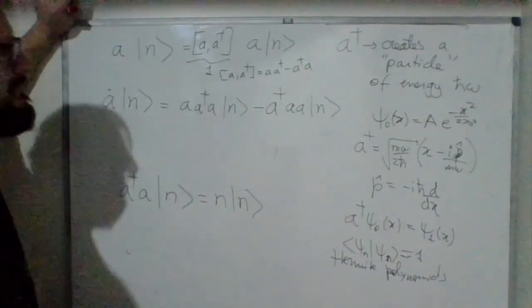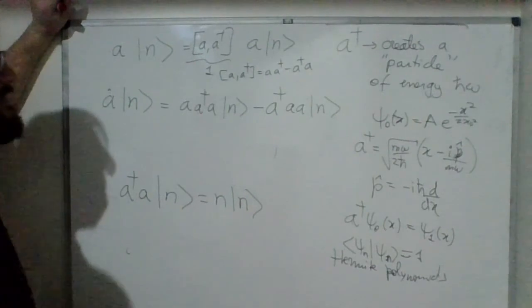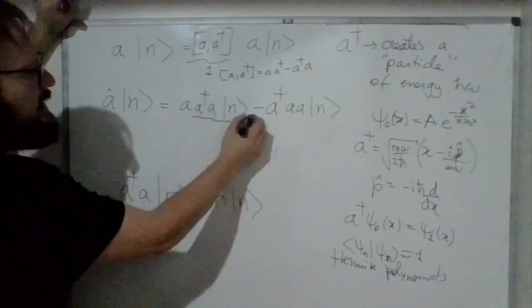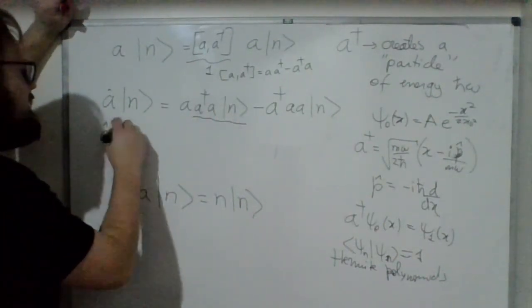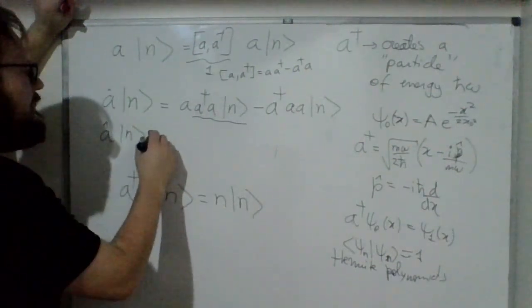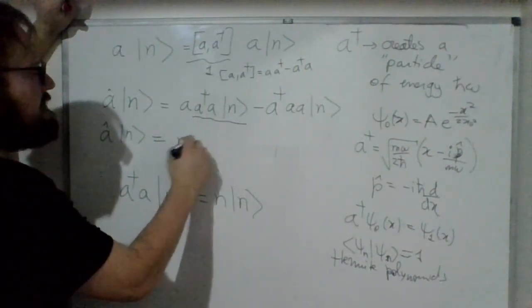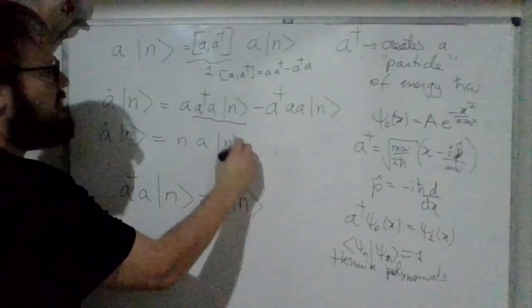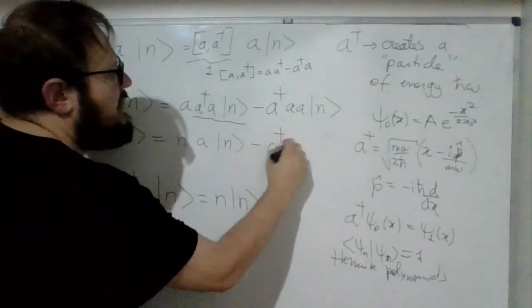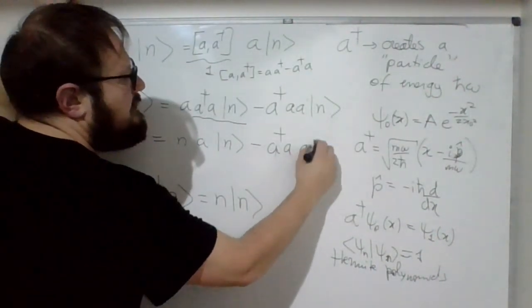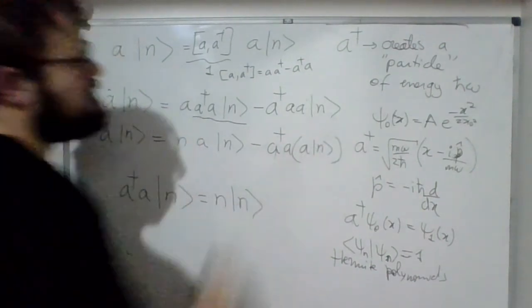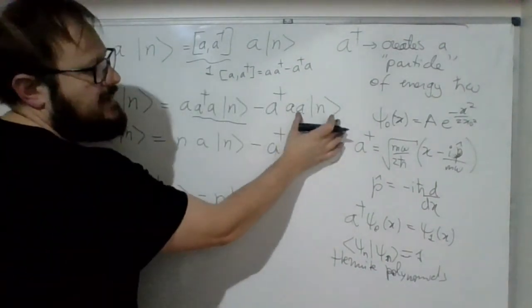And in this case, if I apply the operator here, I will have A times n is equal to n A times n minus A dagger A times n, which I will recollect this way.